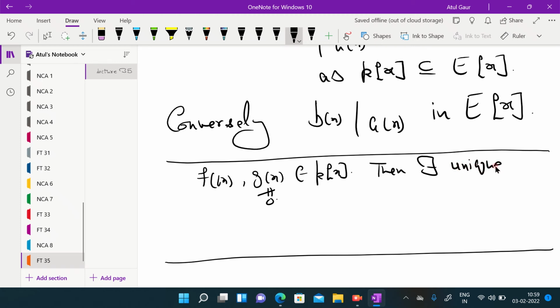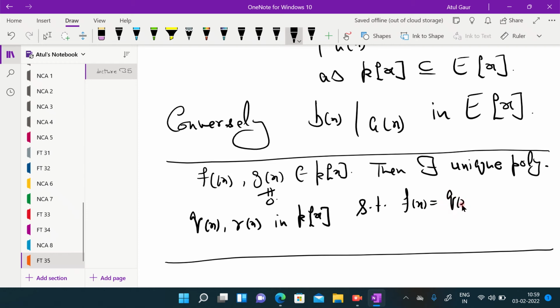So it is the uniqueness I'm interested in. Unique polynomials q(x), r(x) in K[x], such that f(x) is q(x) g(x) plus r(x), and uniqueness subject to this condition, where either r(x) is 0, and if non-zero, then degree will be strictly less than degree of g(x).